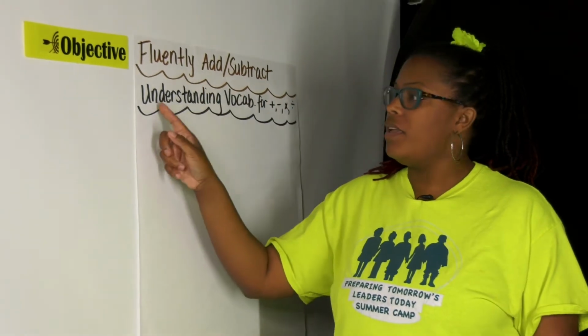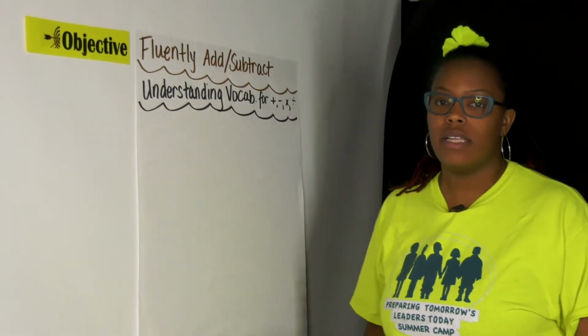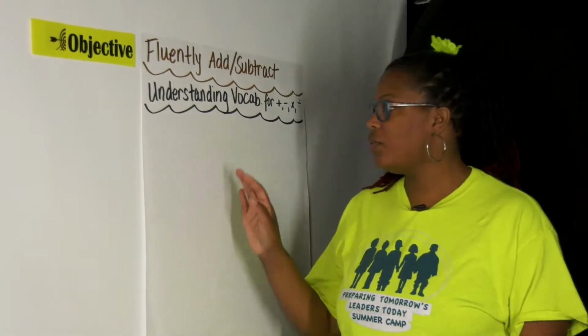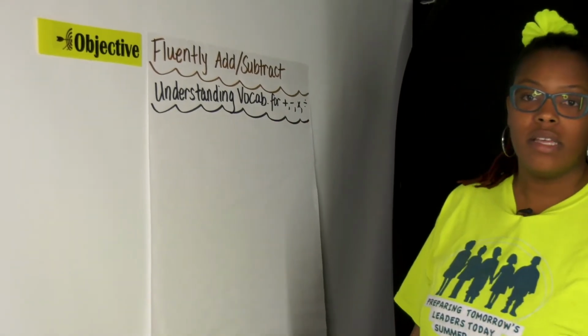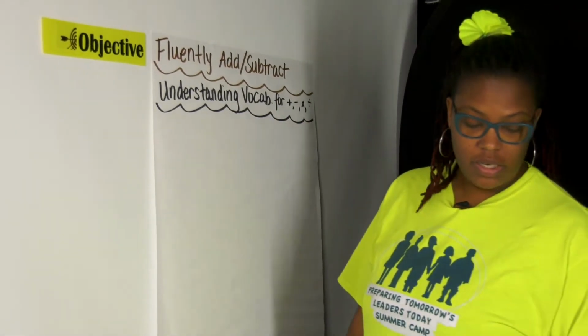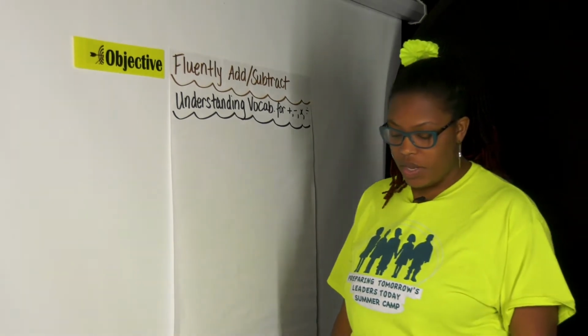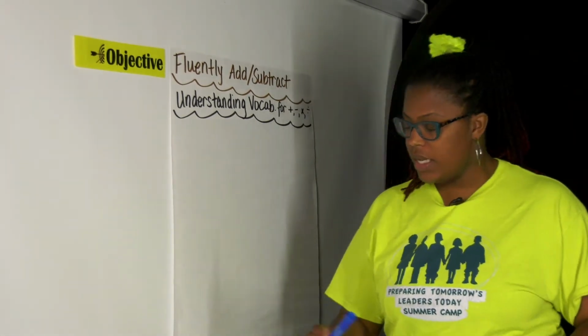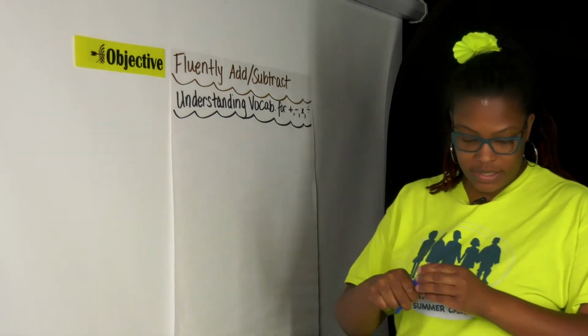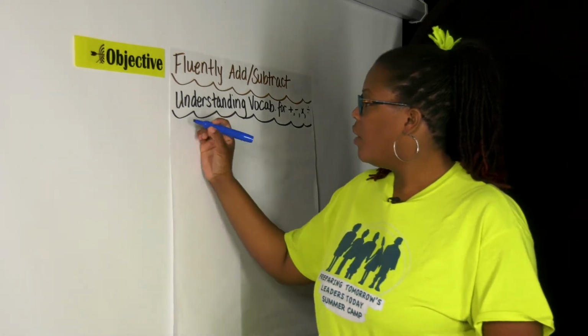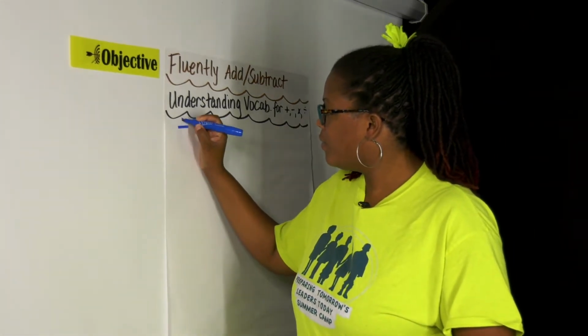And while we're doing that, we also want to make sure that you understand vocabulary terms related to addition, subtraction, division, multiplication, okay? So first, let's go over some basic terms that you would see when you are adding.